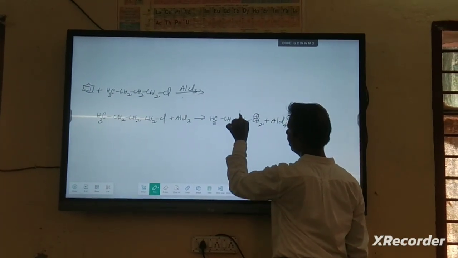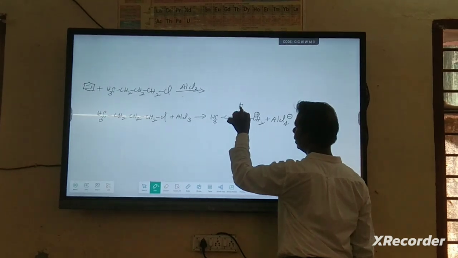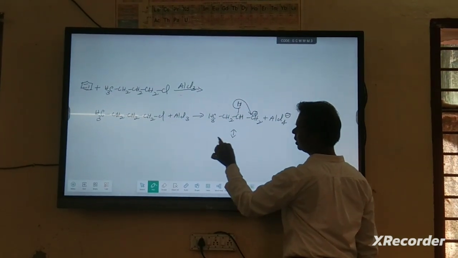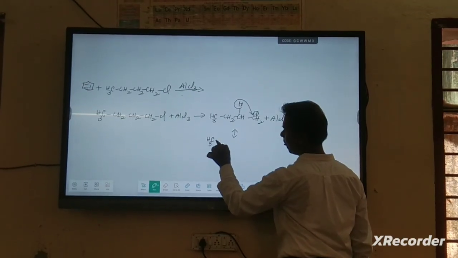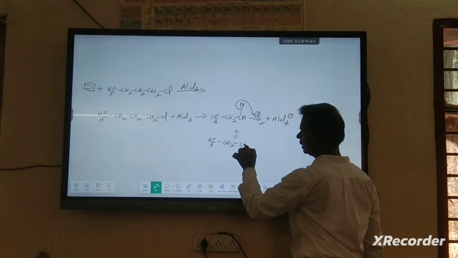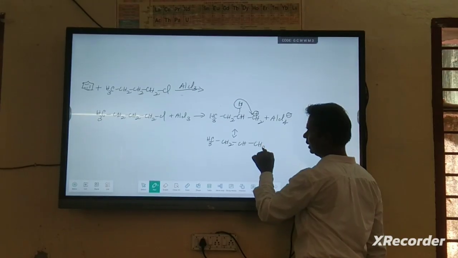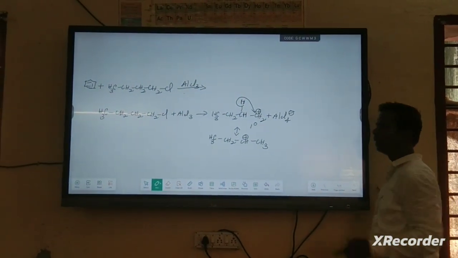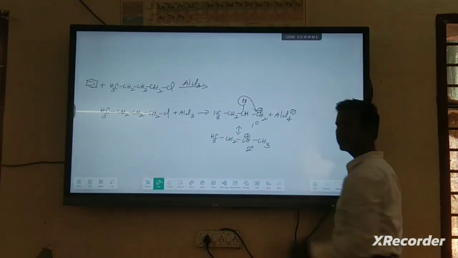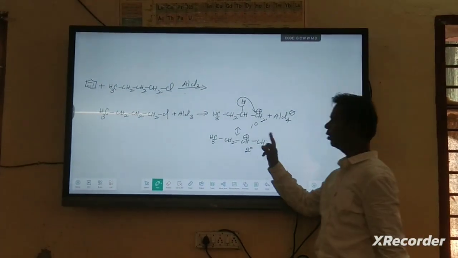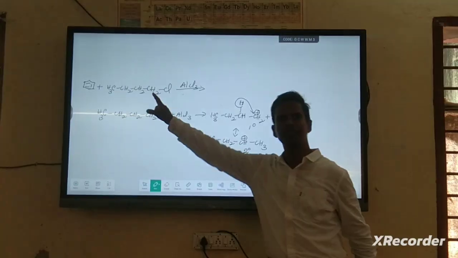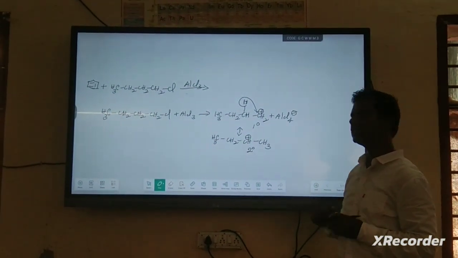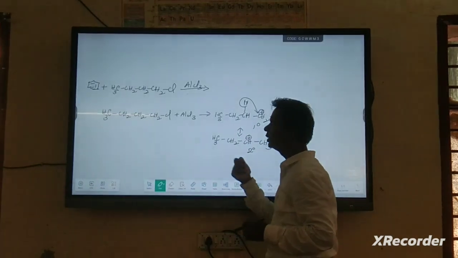One hydrogen can shift from this carbon to this carbon to give CH3 CH2 CH plus CH3. This is the primary carbocation and this is the secondary carbocation. Now which reacts with the benzene, primary or secondary carbocation? Secondary carbocation reacts with the benzene.